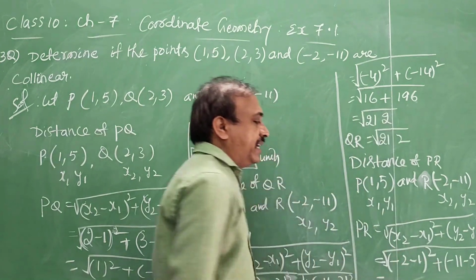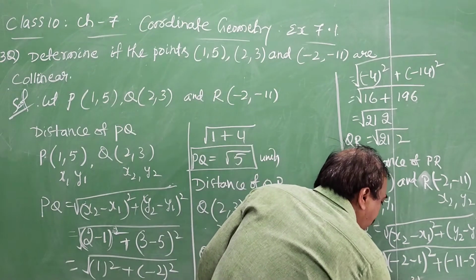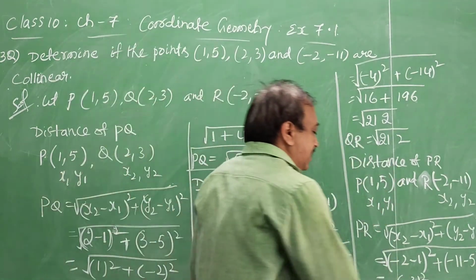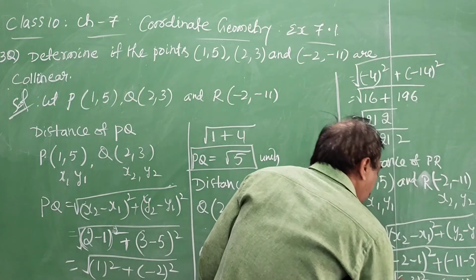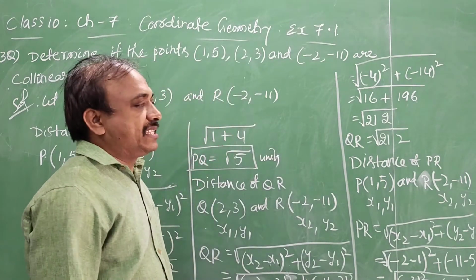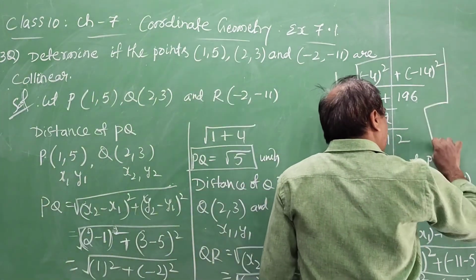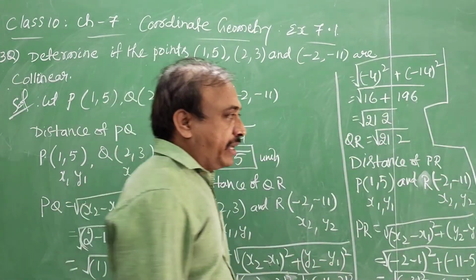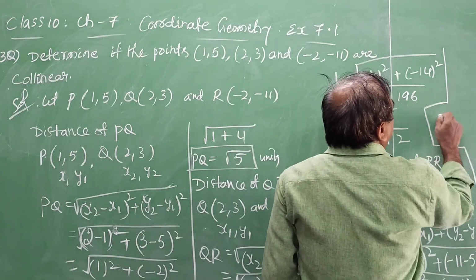So minus 2 minus 1 is nothing but minus 3 whole square, plus minus 11 minus 5 is nothing but minus 16 whole square. So minus 3 whole square is 9. Here I am writing minus 2 minus 1, minus 3 whole square, which is nothing but 9.